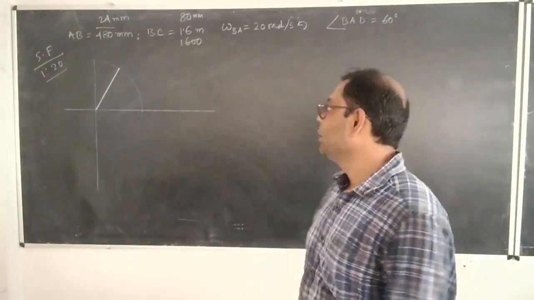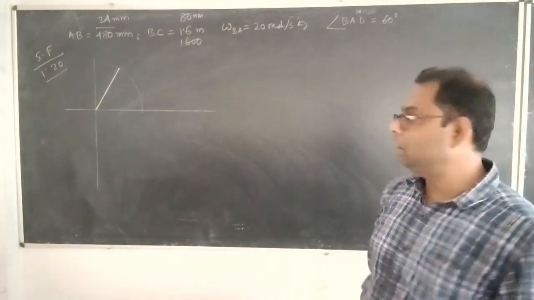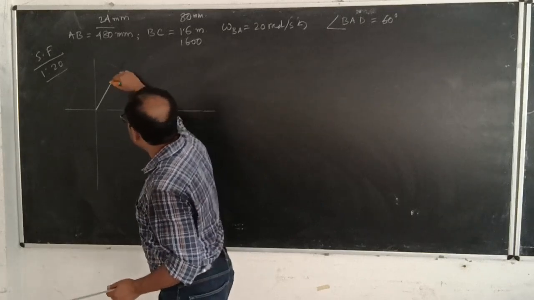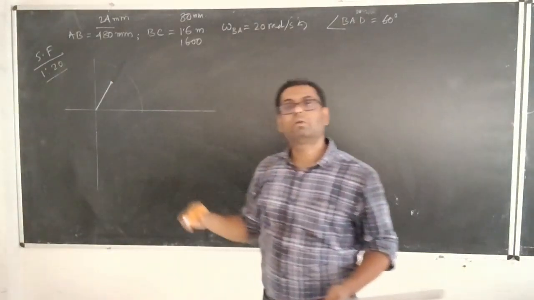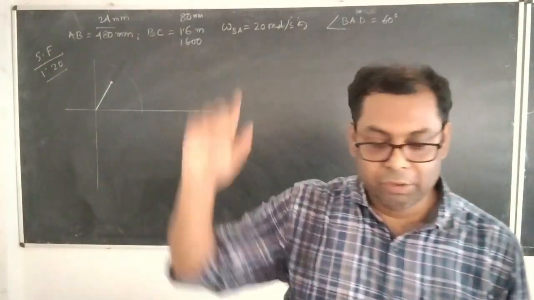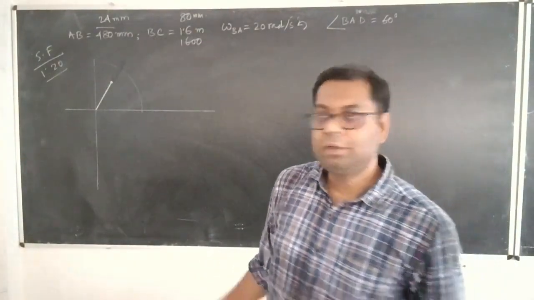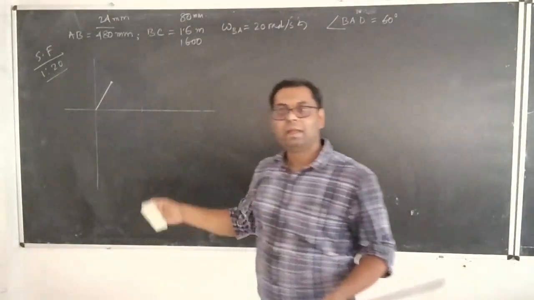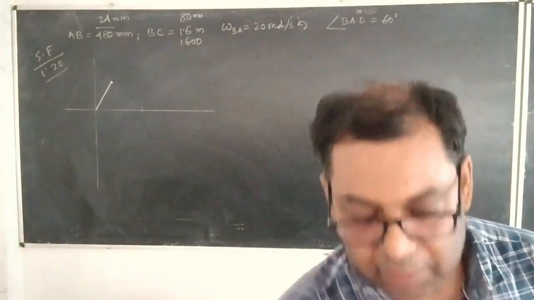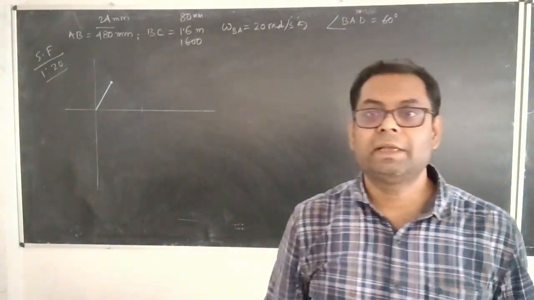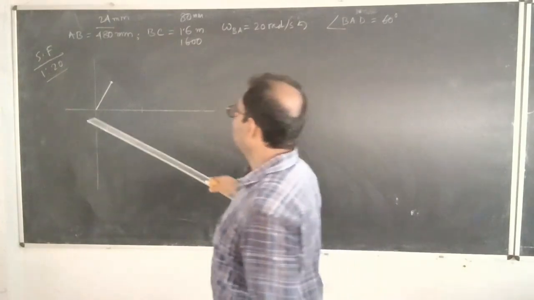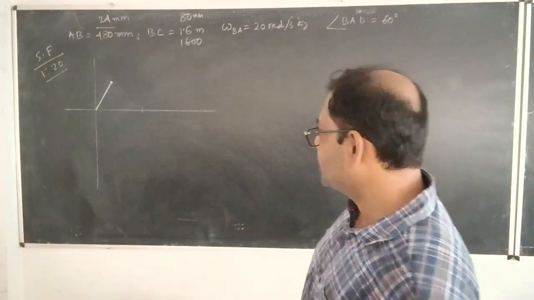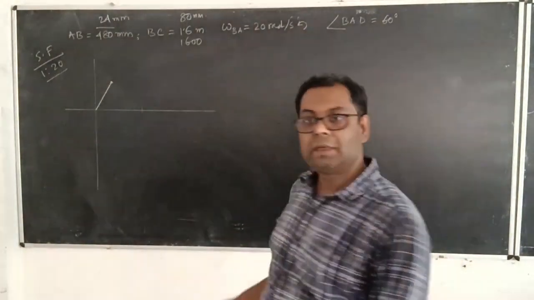There is no problem. Okay, so now let us consider that this much amount of length is equal to 24 millimeter in your copy. I don't have that direct measurement option over here, so I am using my common sense and geometrical sense. So this length I am considering as 24 millimeter, which is representing 480 millimeter over here.